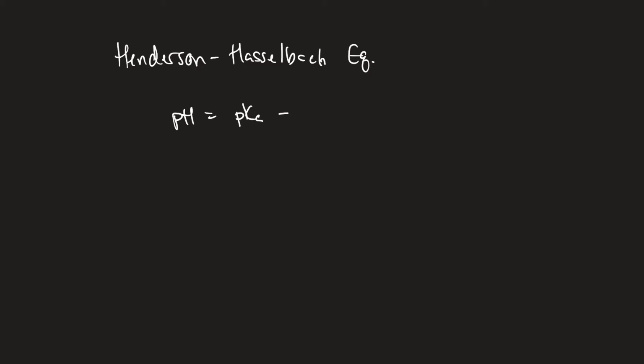So another way that we could quantitatively look at buffers and study the changes of concentration is using what we call the Henderson-Hasselbalch equation. Basically it tells you that the pH is equal to the pKa plus the log of the concentration of the conjugate base over the concentration of the weak acid.